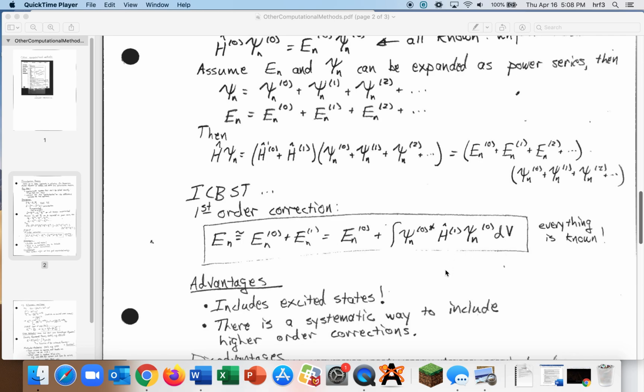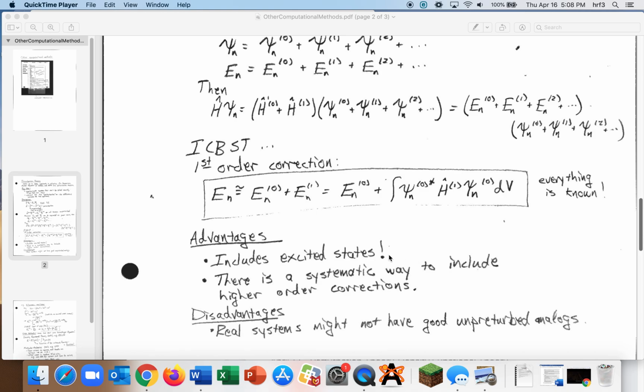There are some advantages to perturbation theory. One is it includes excited states. So unlike with variational theory where we could only look for a ground state energy, here we haven't specified. We can look at any excited state energy because we know the excited state wave functions. And there also is a systematic way, I haven't shown you, but there is a systematic way to include higher order corrections.